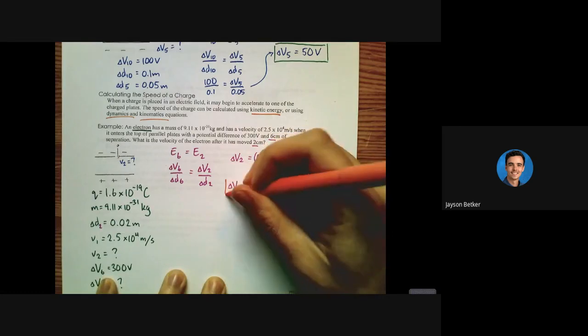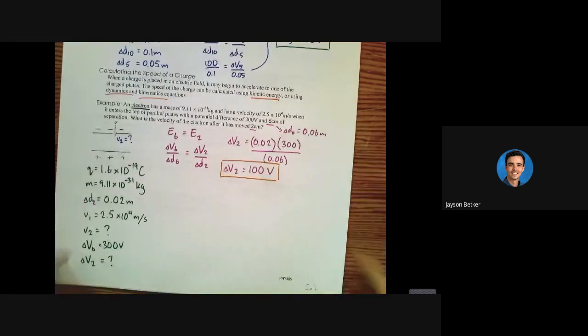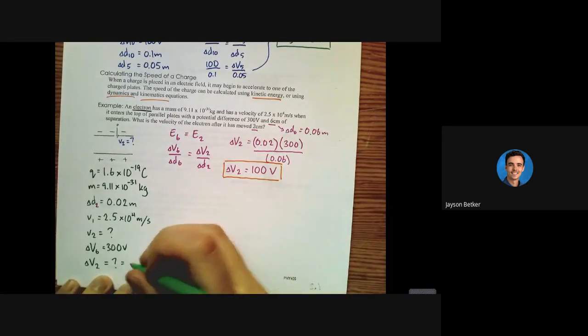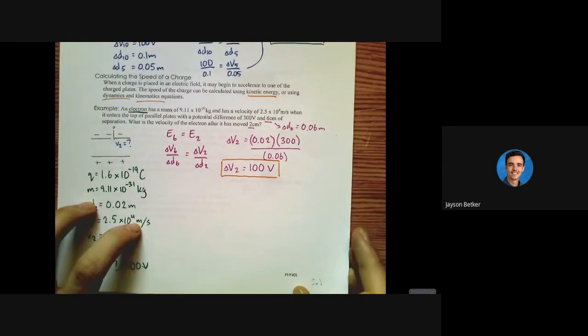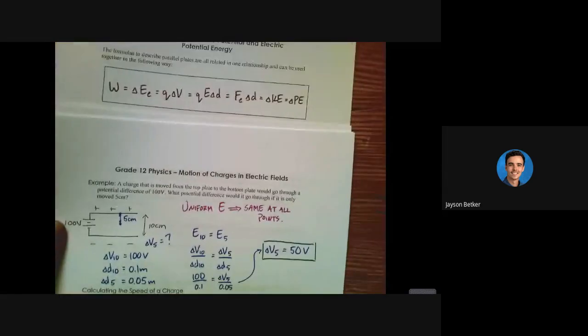Okay, so that's really important. That helps us a lot because that ends up giving us this last little key piece of information that we need down here. We just found it. It's 100 volts. So now our next step is to go to our little master formula thing, I keep calling it, and pick out the parts that make the most sense.